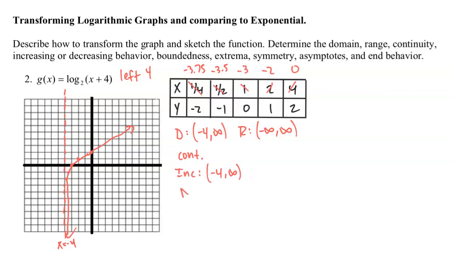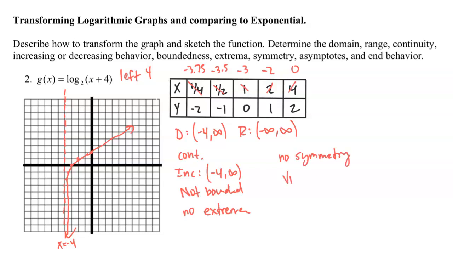It is still not bounded. In fact, no logarithmic function is going to be bounded. It still has no extrema. In fact, no logarithmic function is going to have extrema. It has no symmetry, and that will also be true for all logarithmic functions.